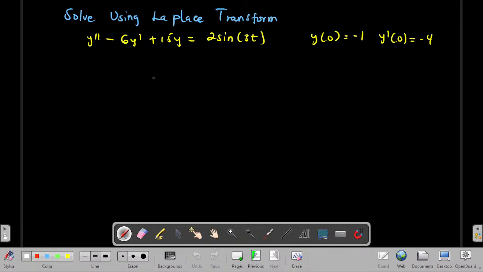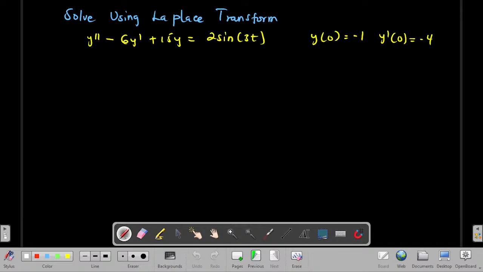So to solve this problem, we have y prime prime minus 6y prime plus 15y is equal to 2 sine 3t.